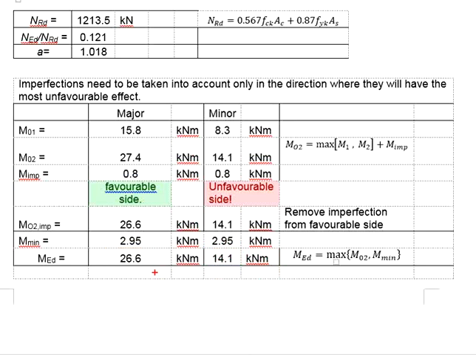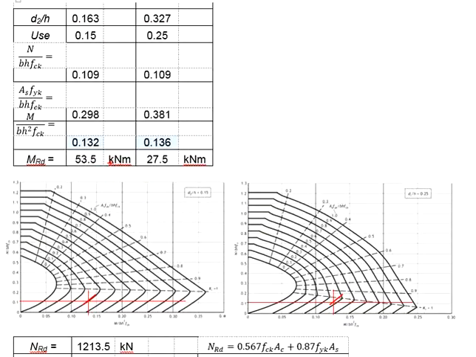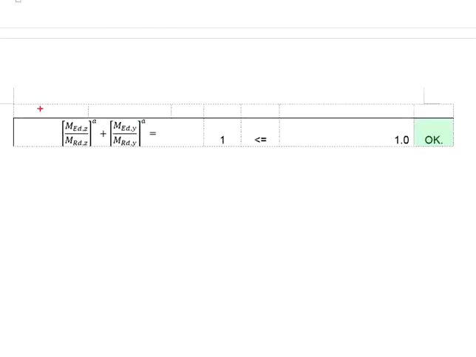With that, you have the MEd in the major and minor axis. You have the a, which equals 1.018, and also you have the moment resistance in the major and the minor axis. Substitute into the equations and you get 1.0.